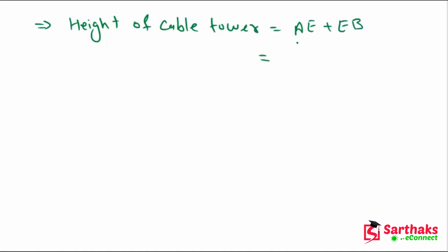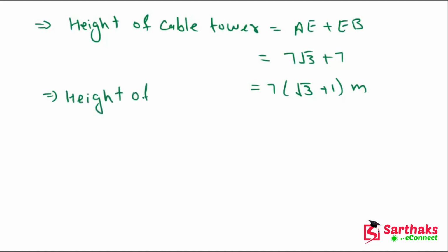And what is AE? 7√3. What is EB? 7. So we get 7 into (√3 plus 1) meter. This is the height of cable tower.